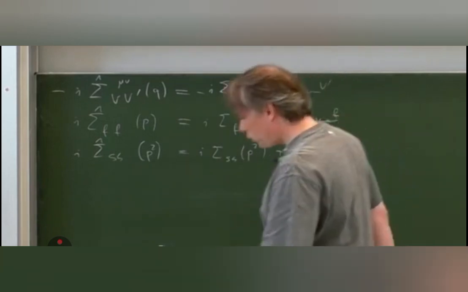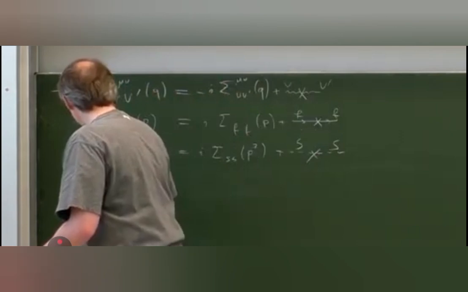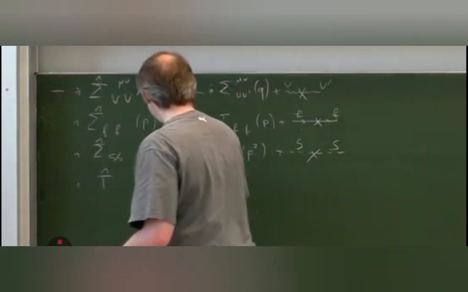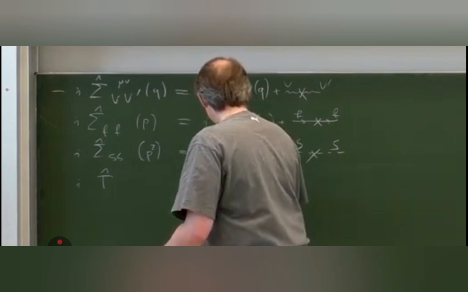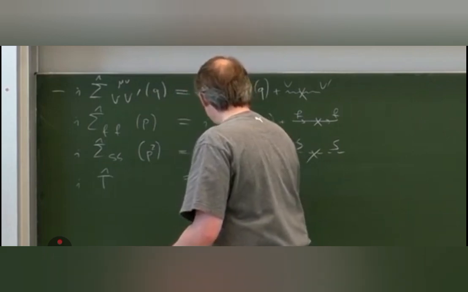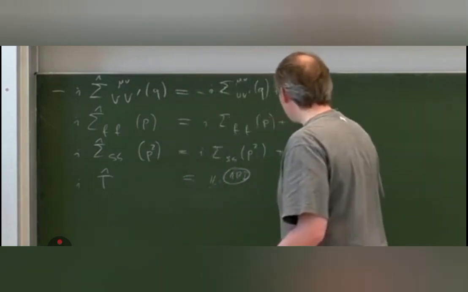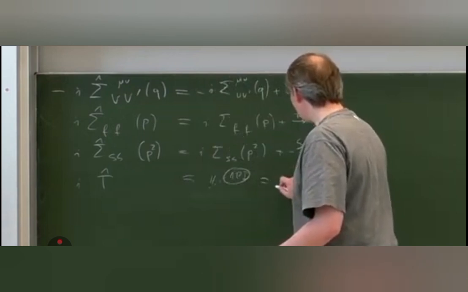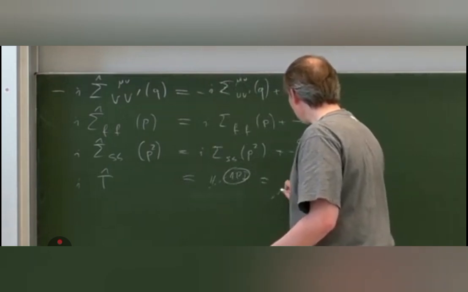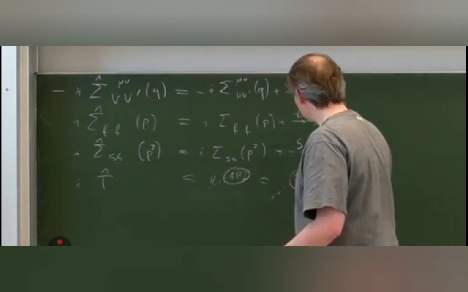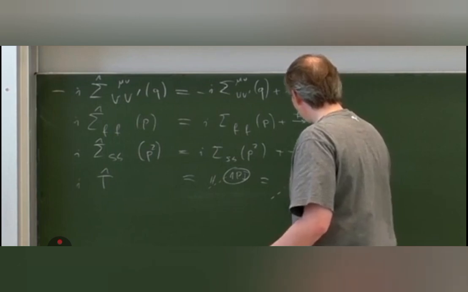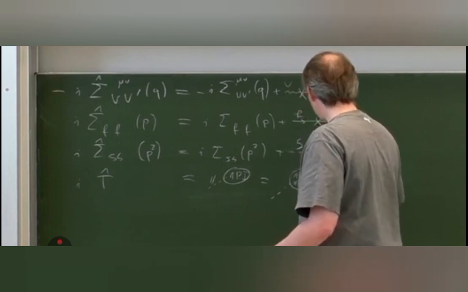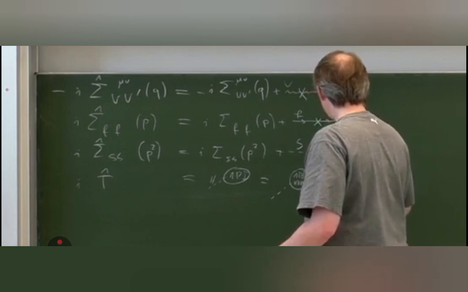And for the tadpole, we have i times T hat, which doesn't depend on momentum. This is the one-particle irreducible Green function with one external Higgs, and that is the unrenormalized one, so no counter terms, plus i times delta t.